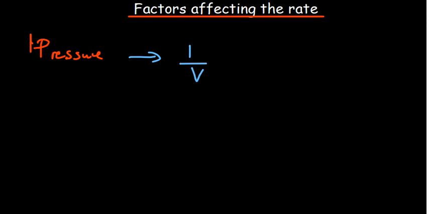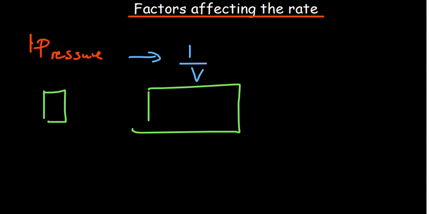The higher the volume, the lower the pressure. So if you've got a container like that, and then another container like that, and you put two different gases inside the two containers, where do you expect there will be higher pressure? You need to have higher pressure in the container that is smaller if you put an equal number of particles. In the bigger container, the chances of the particles colliding are slim.